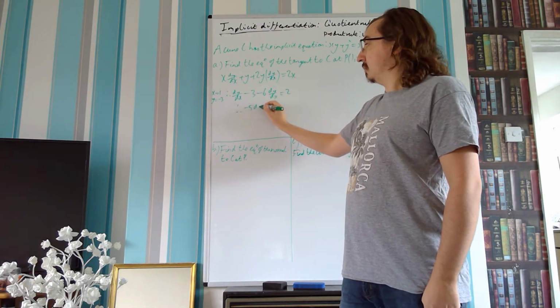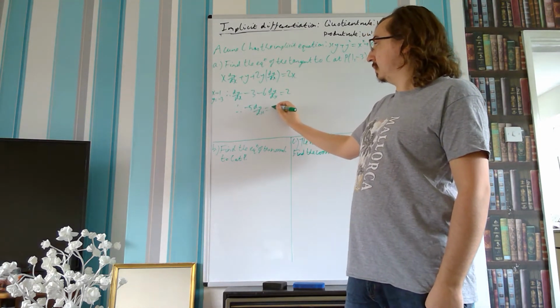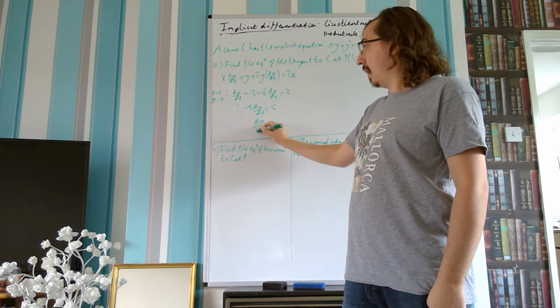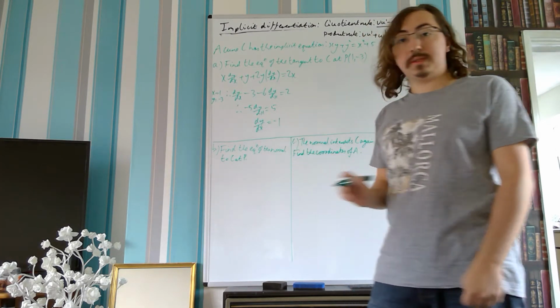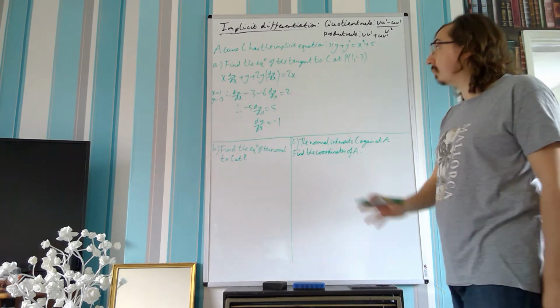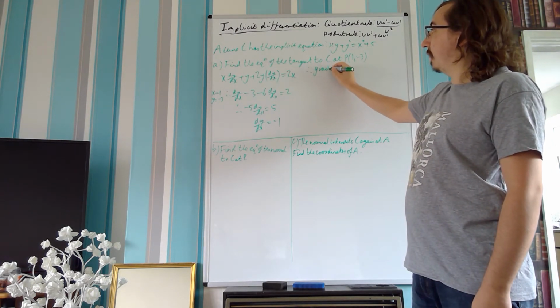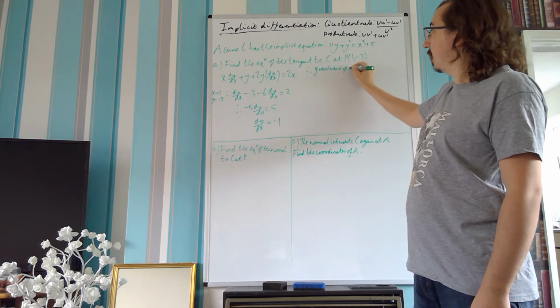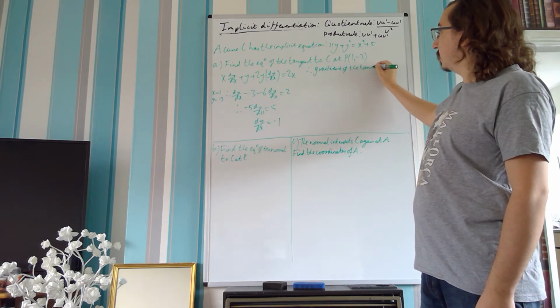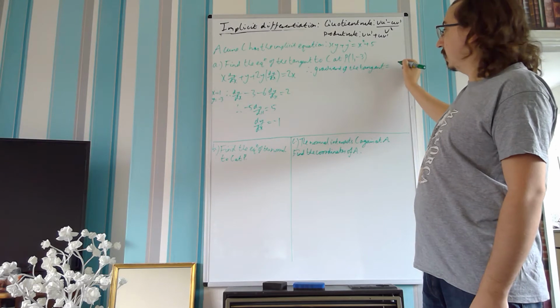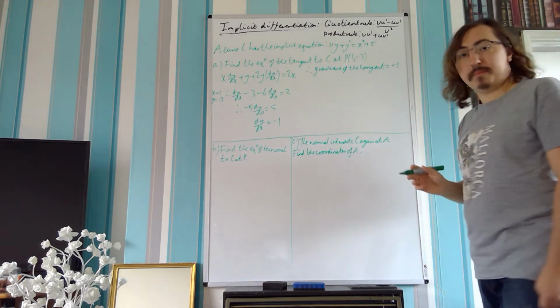So therefore minus 5 dy by dx is equal to 5, and dy by dx therefore is equal to minus 1. So from that we have just found our gradient of the tangent is equal to minus 1.